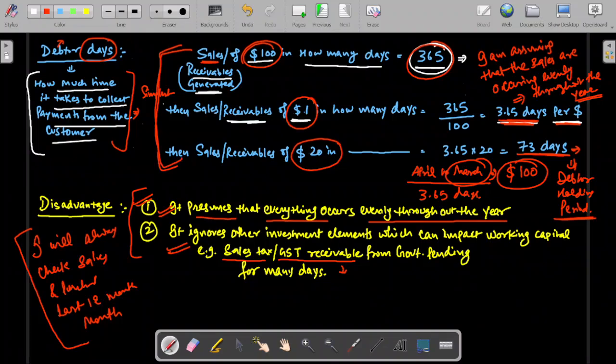Then you simply take the figures of stock, debtors and creditors month wise, for April, May, June, July, and you calculate the operating cycle on a monthly basis.